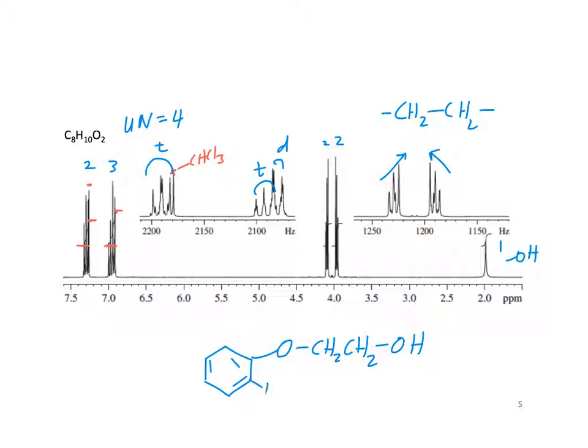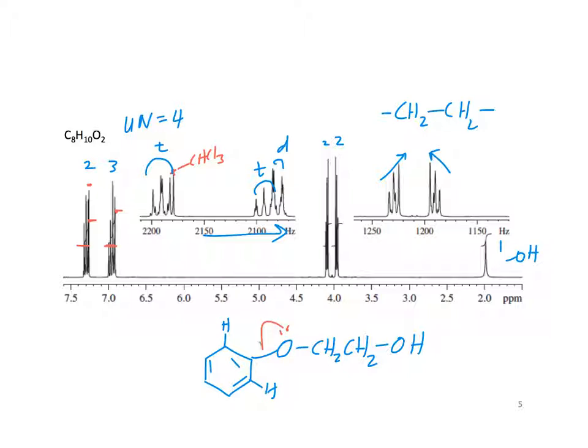The doublet would be these two protons that are ortho to the substituent. So does it make sense that the chemical shift for these two ortho protons would be the most upfield of the aromatic protons? Yes, because the resonance form puts the electron pair there.